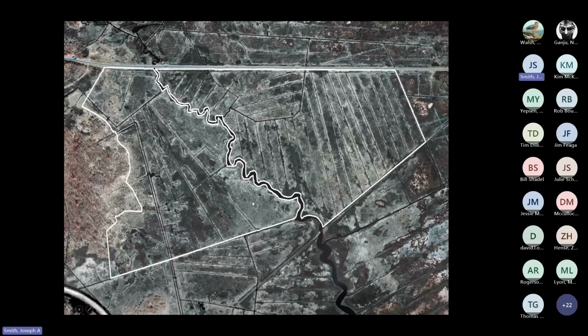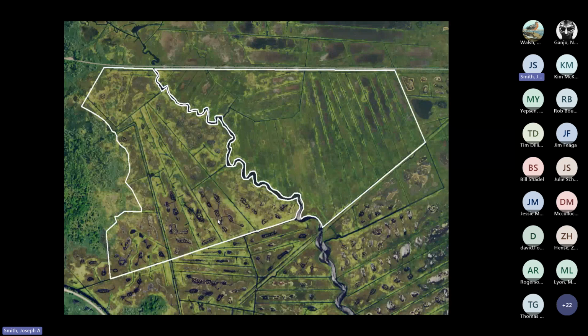They did a lot of instantaneous studies of changes in water levels, bird communities, fish communities, and not a whole lot of big conclusions from that work. But now 15 years later, we've been interested in seeing how these marshes have changed since the intervention.